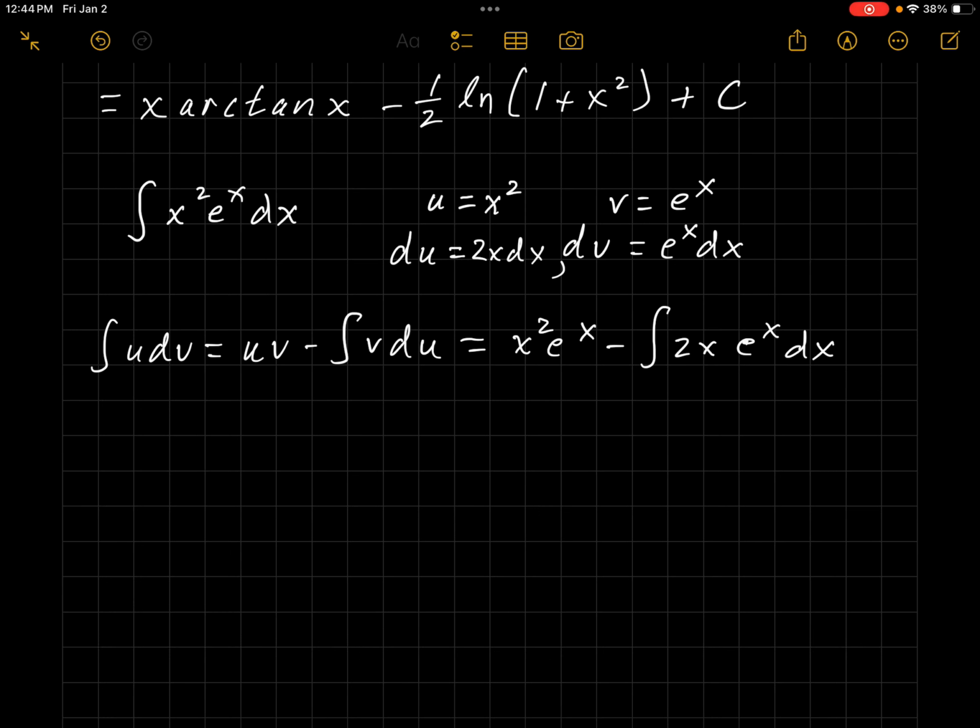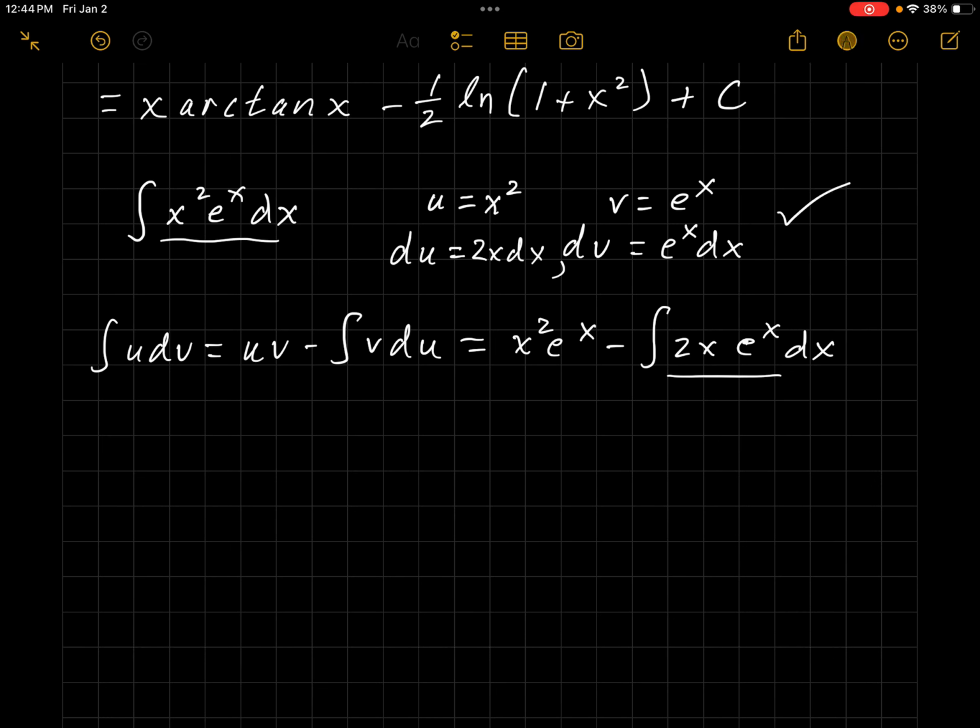Okay, you might think I chose poorly, but I actually chose wisely in this case. This integral here is somewhat simpler than that one, but it's still an integration by parts, which tells me I have to do it again. Now, technically, I should use different letters, because I already used u and v above.